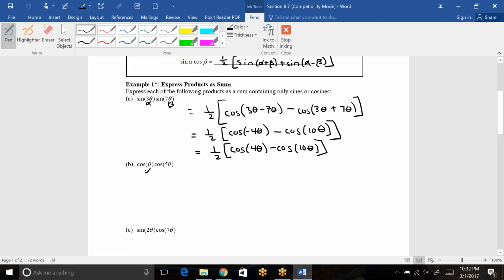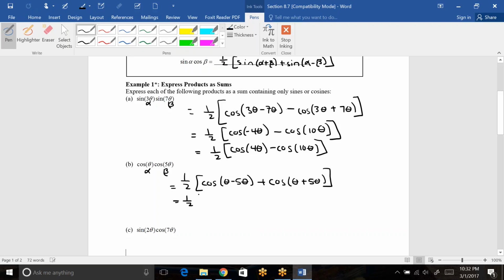All right, let's look at cosine theta and cosine of 5 theta. So again, this is my alpha, this is my beta. Using the cosine formula, this would be 1/2 bracket cosine of theta minus 5 theta plus cosine of theta plus 5 theta.